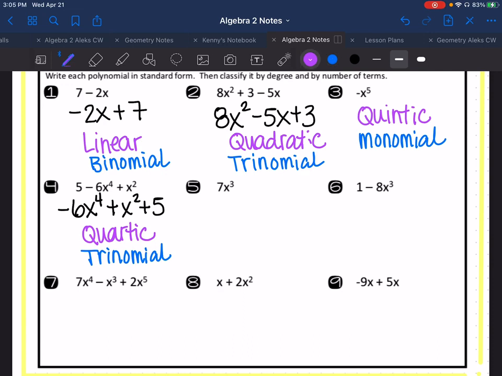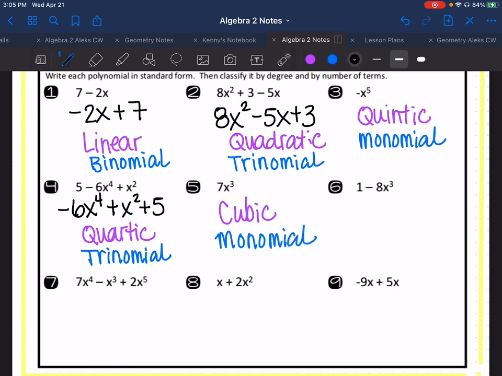Question number 5 is in standard form already because there's only 1 term. Its variable has the exponent of 3, so it is a cubic. And since it only has 1 term, it is a cubic monomial.